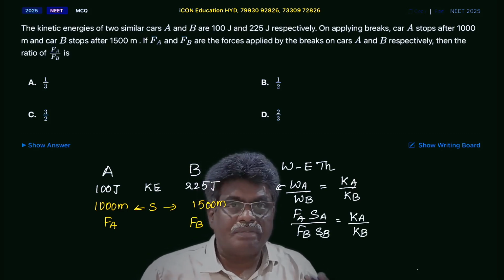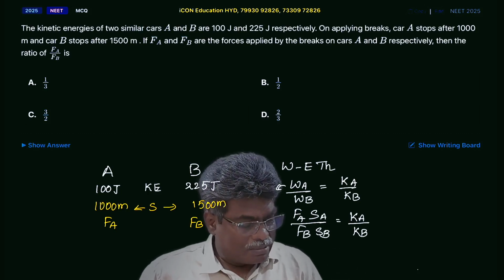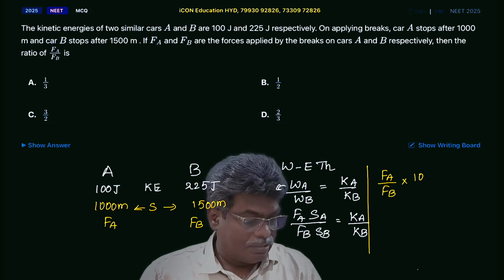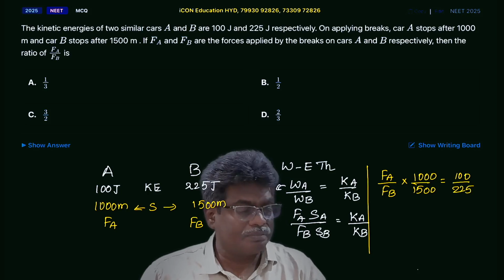Now they have already given that SA value and SB and KA, KB also. Let me substitute and finally I will get FA by FB into SA, this is 1000 by 1500, equal to 100 joules by 225.